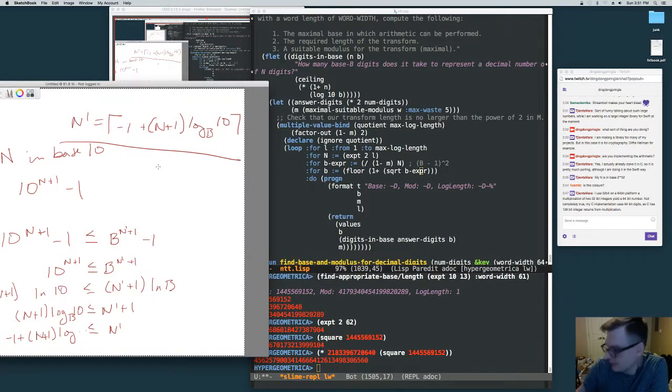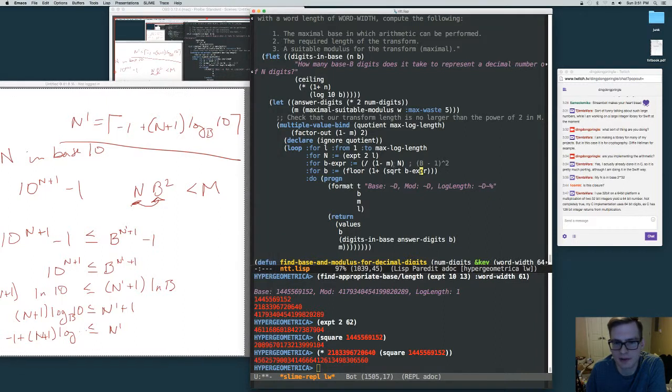In my computation here, where I say that the modulus must be greater than n times the base squared, this n has to be the n in this base. If you notice, I'm computing this base, where do I do it?